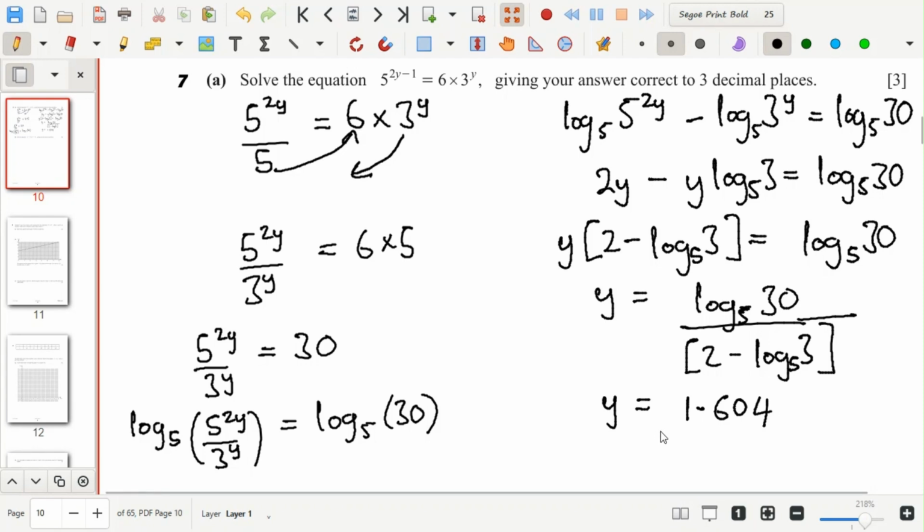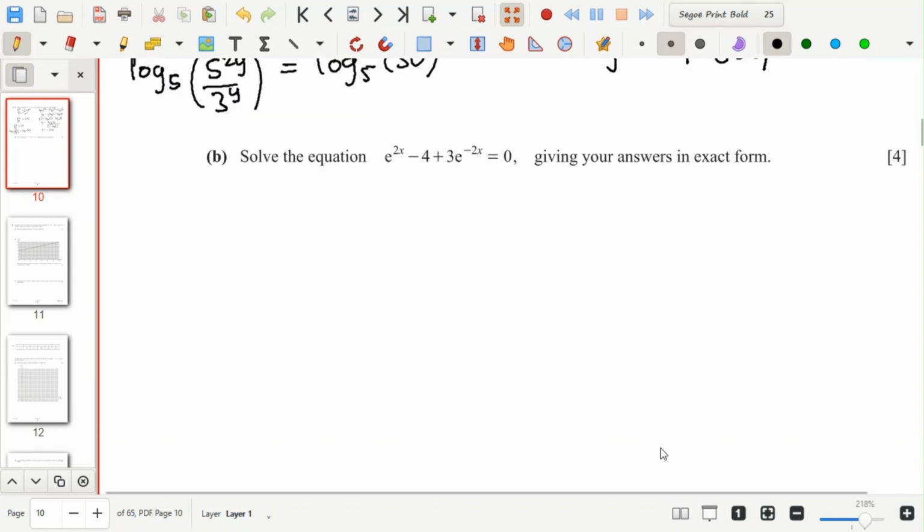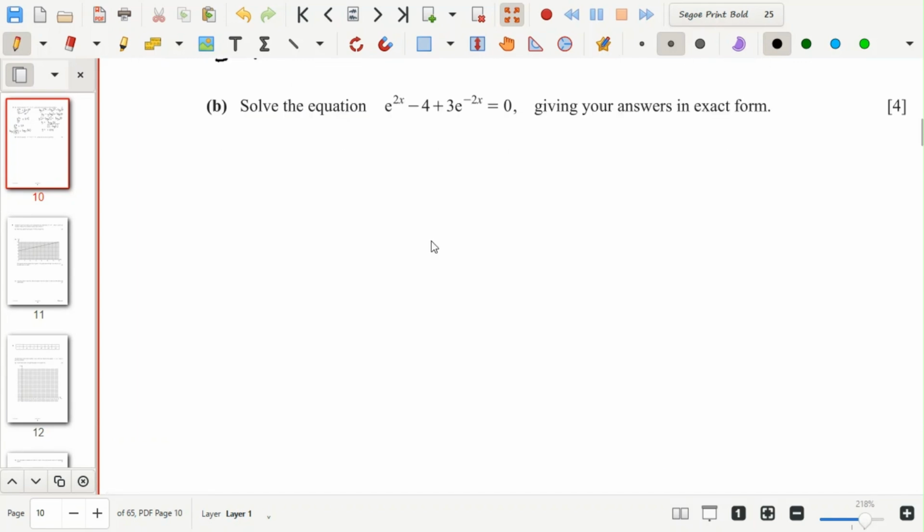Okay, let's see part B. The B is very easy. I think I saw a similar one in the previous question.